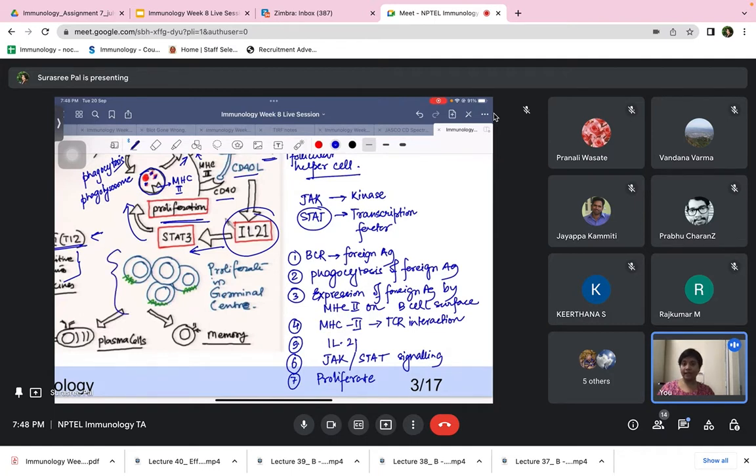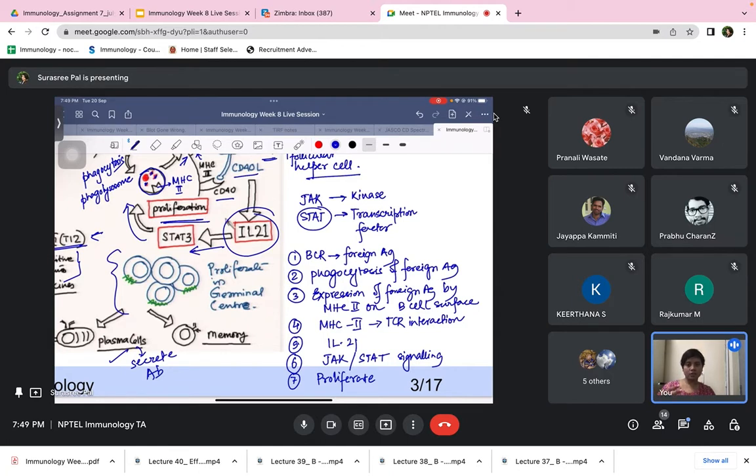will proliferate in the germinal center, right? And it will express some receptors on its surface, some chemokine receptors. What is the role of these chemokine receptors? We will see in the next slide. But once these B cells are activated in the germinal center, they will now undergo differentiation to become either the plasma cells. So the plasma cells, what do they do? They will now secrete these immunoglobulin molecules.